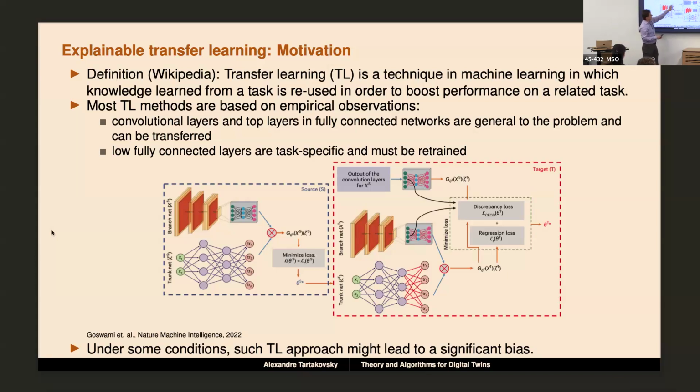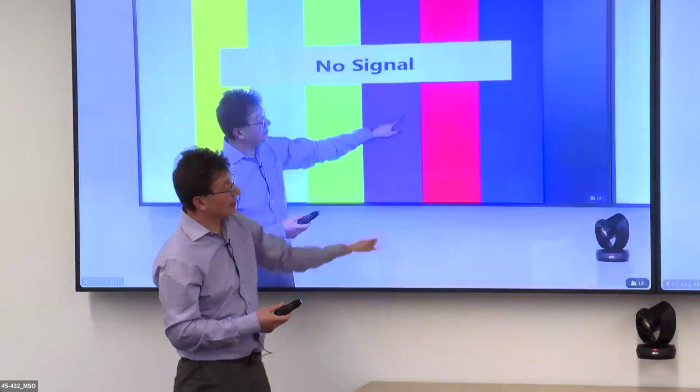They train DeepONet on a very large data set for one set of conditions, which is called source conditions. And then once conditions change to target conditions, according to these observations, they transferred parameters in all convolutional layers. So they transferred parameters in the top layer of this trunk net. So these red connections show the parameters that were retrained.